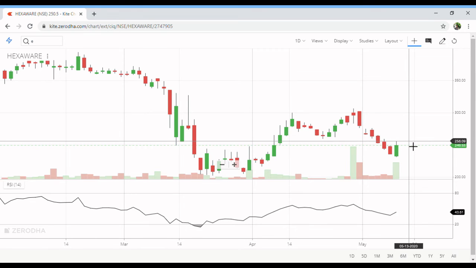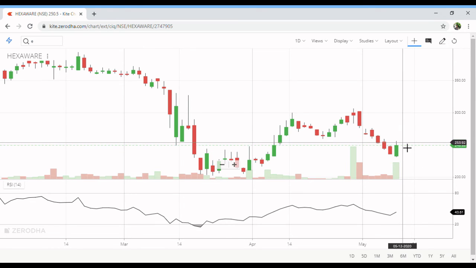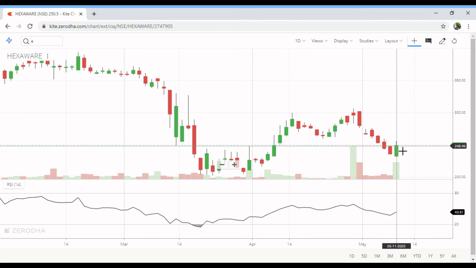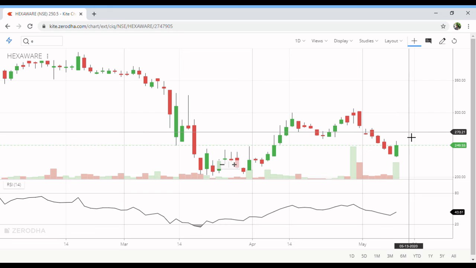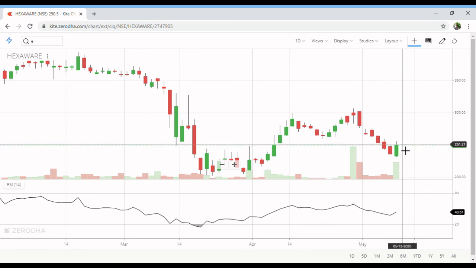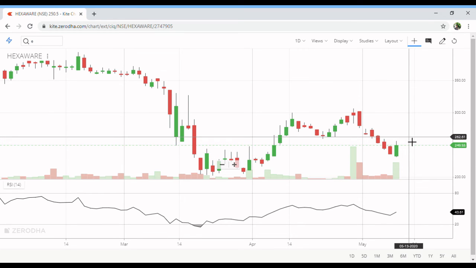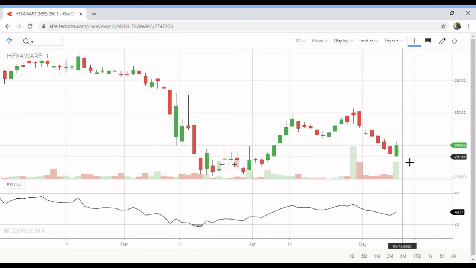If the price starts moving above this level, then you can initiate a long position, and the bull trend will exist for a few more days, we can assure that. There are more buyers at this point, so the price will move higher over the next few days.